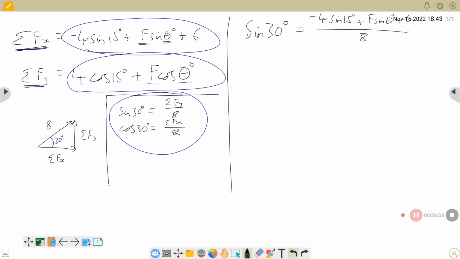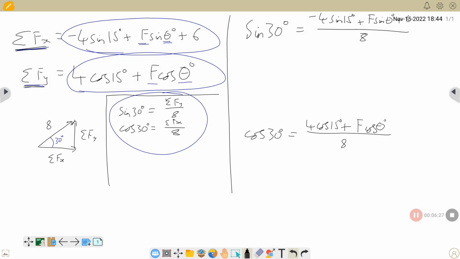And how should I write this? Let's say down here we've got cos of 30 is equal to 4 cos 15 plus F cos of theta all over 8.